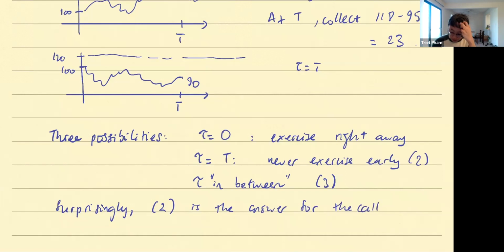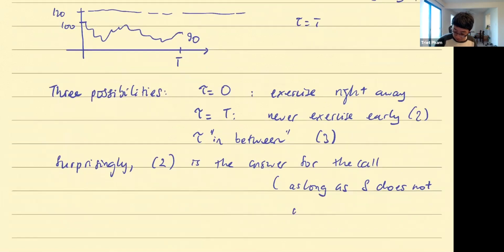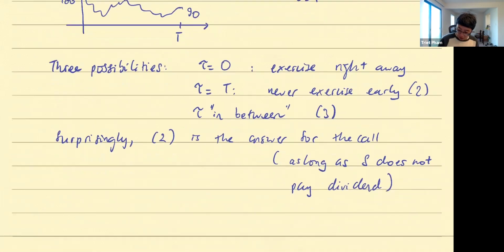And we have to say this: as long as the stock doesn't pay dividends, which may happen in practice. And 3 is the answer for the put.